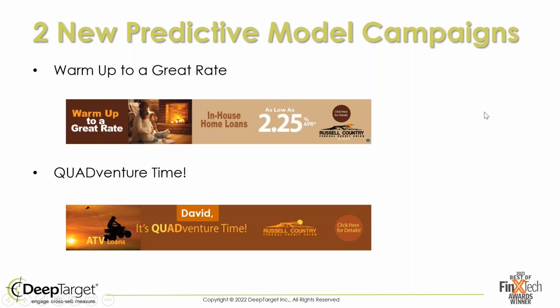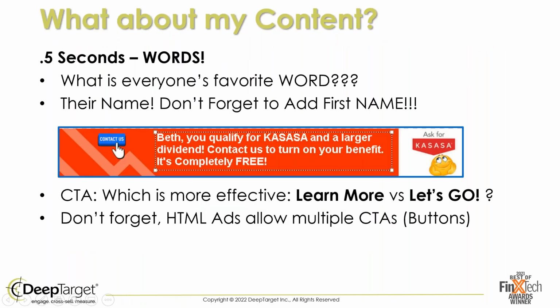You threw in a prepended first name, which you can do with a click of a button, right? So just adding that first name could be extremely valuable. And how do I know that? Well, remember, once you have their connection from an image point of view, now you have 0.5 seconds for the word. And what is everyone's favorite word?